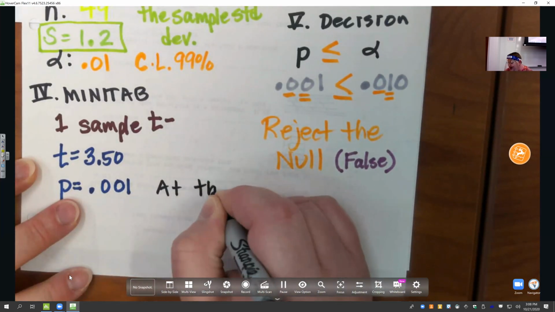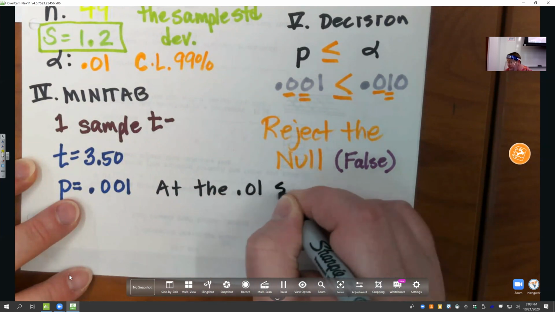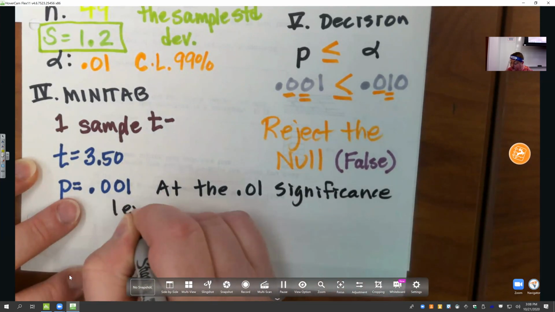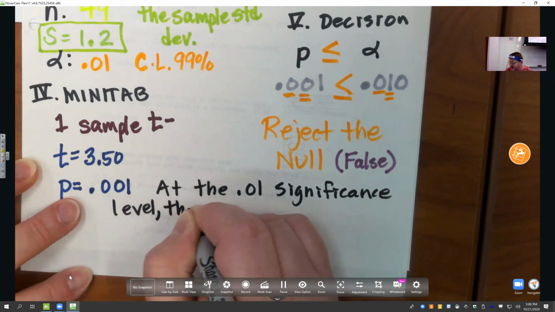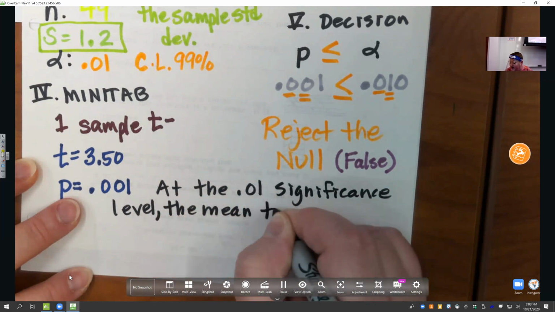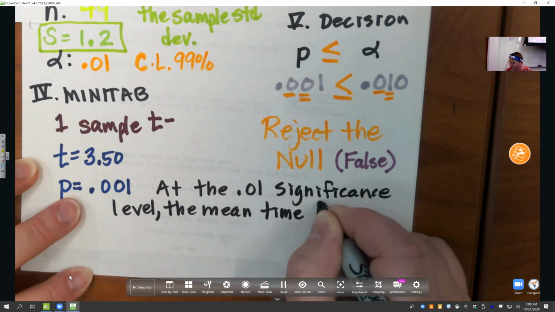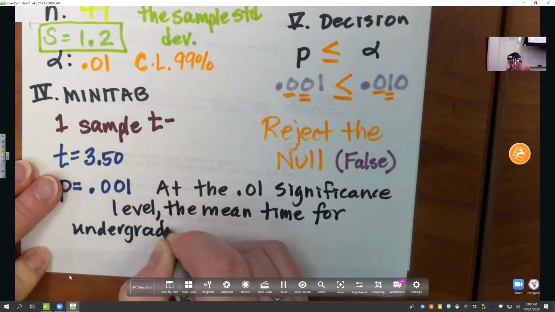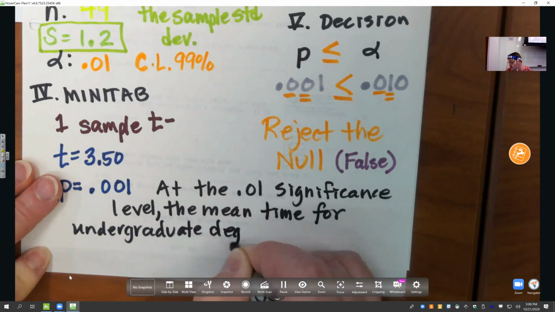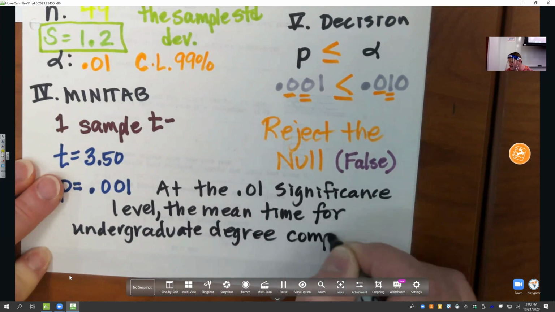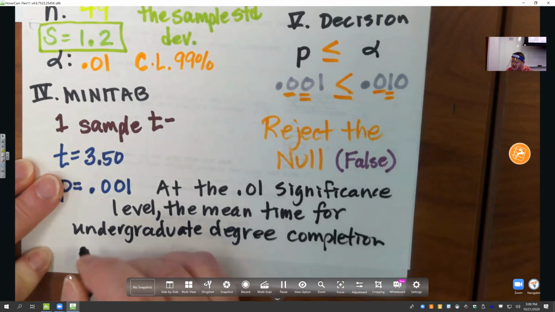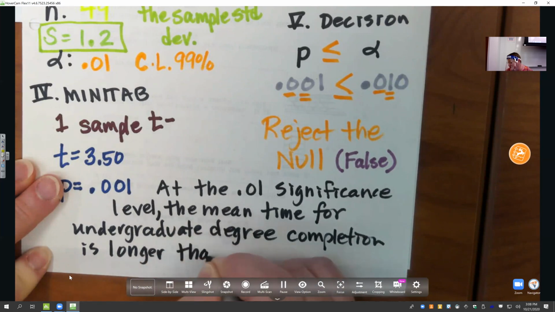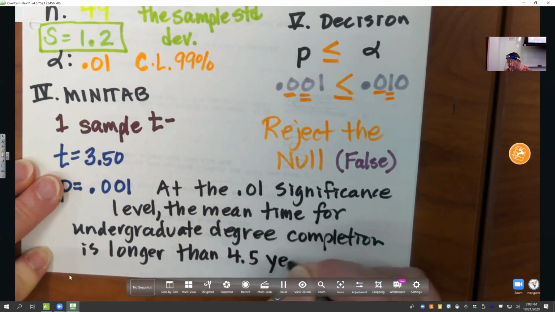At the 0.01 significance level, the mean time for undergraduate degree completion is longer than 4.5 years.